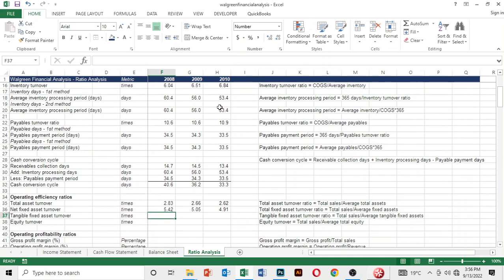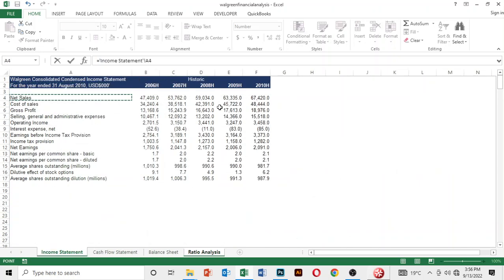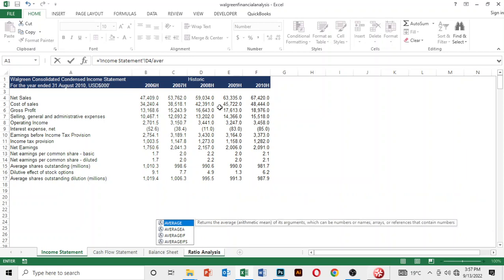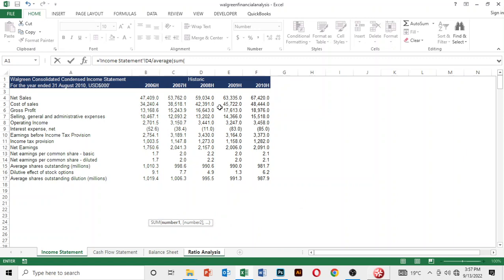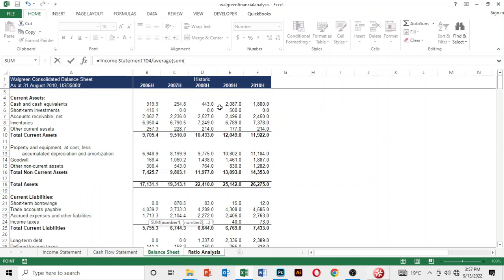Then we have tangible fixed asset turnover. Here we compute the physical assets only. This one is a little bit confusing because if we go to the balance sheet, you will see a line item saying other non-current assets. We're not sure what these are, but we have to include them.